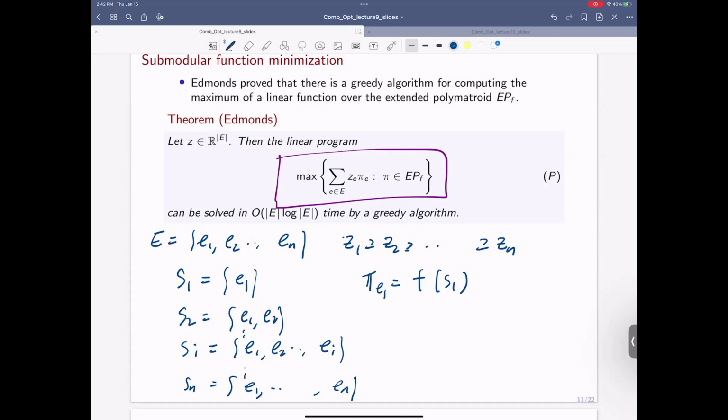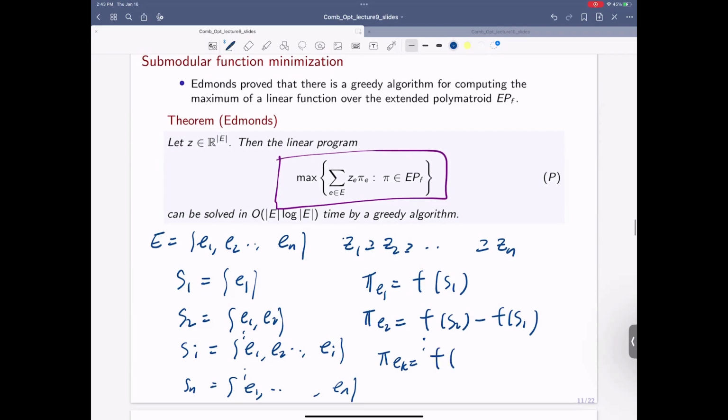And pi of e2 is f of S2 minus f of S1. And in general, pi of ek, the k-th element, is the difference between f of Sk and f of S(k minus 1).